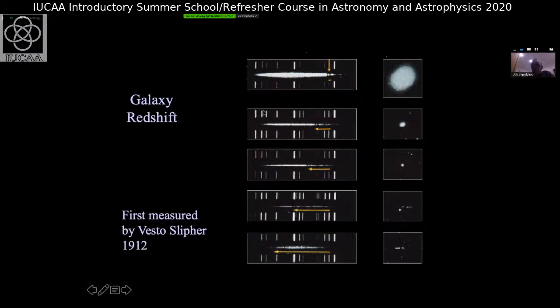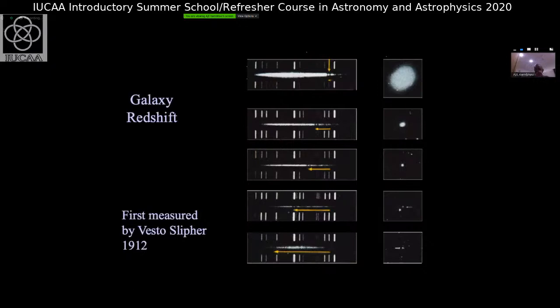And then the white lines that you see are the arc lines in the laboratory. These arc lines, you know what the wavelengths are, and then you look at the lines in similar positions and measure their wavelength, so you know which elements are present.